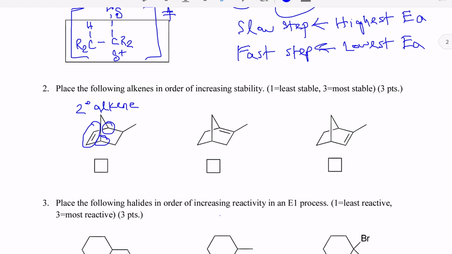And if we look at the compound to the right, we see that there is a double bond, and that double bond is attached to 3 carbons, one here, and one here. So what this tells us is that this is a tertiary alkene.